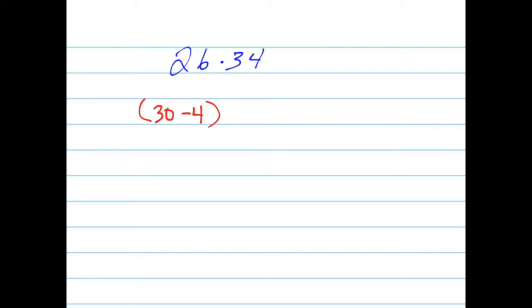What's 34? 30 plus 4. I've got two identical terms. One's being added, one's being subtracted. So I know that their product has to be the same as 30 squared minus 4 squared. That's my difference of squares pattern.